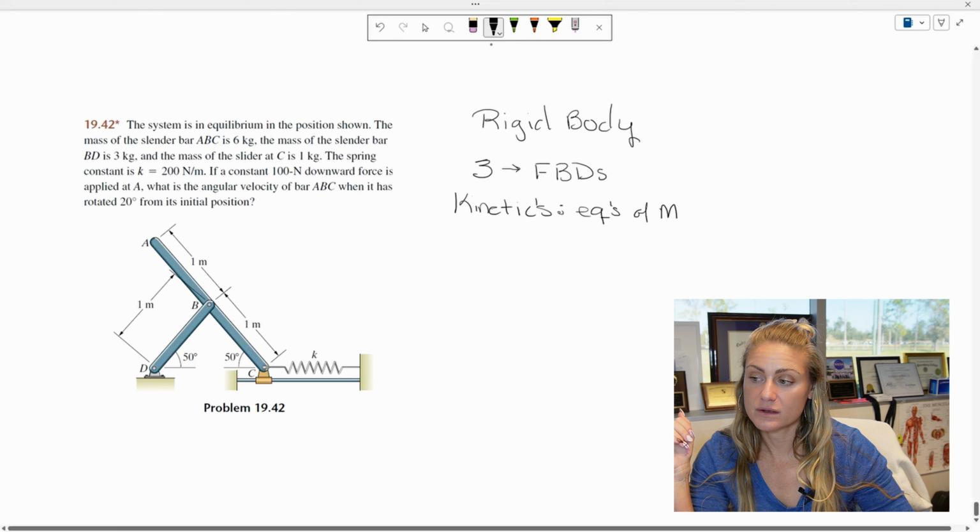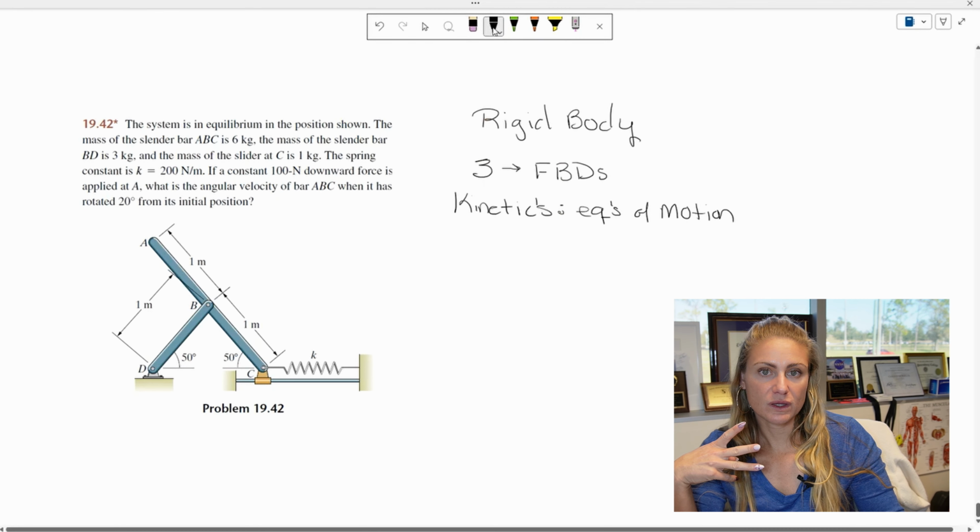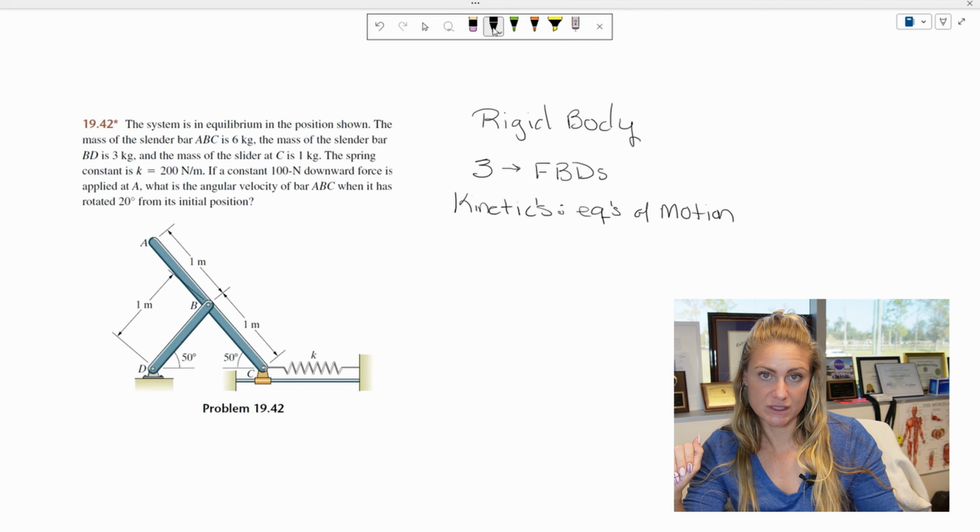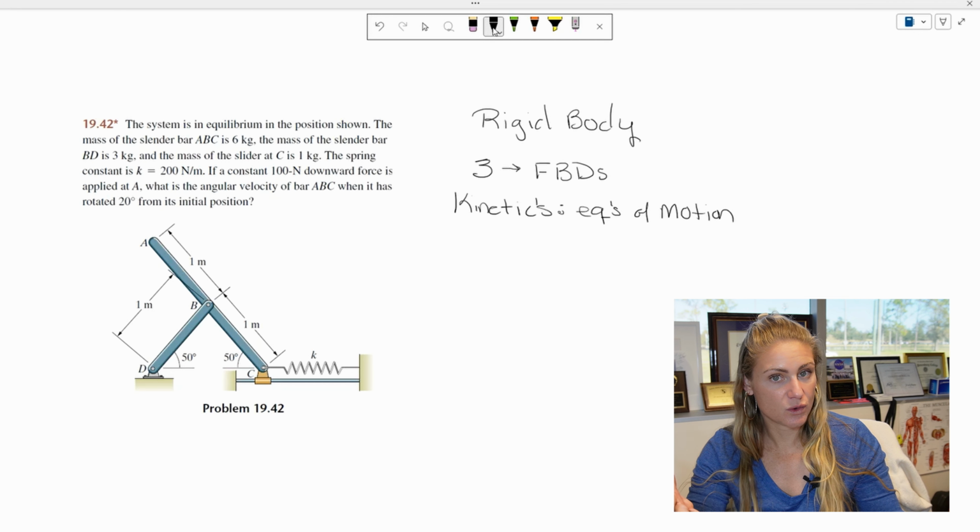What are the 3 equations of motion? There are 3 equations of motion: Newton-Euler, work and energy, and impulse and momentum. For the system that we have now, which equations of motion do you think we're going to use?